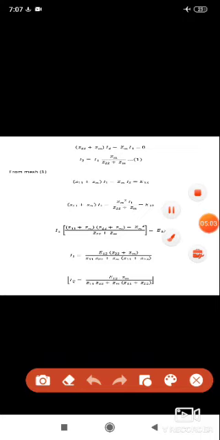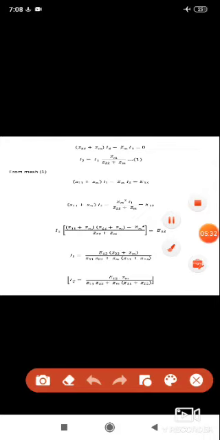When we apply the mesh theorem, the equation comes out as I2 equals I1 times Zm, the mutual impedance, over Z22 plus Zm.